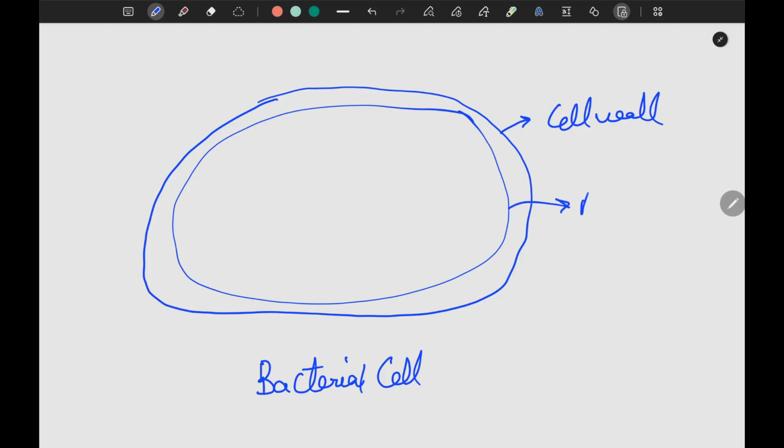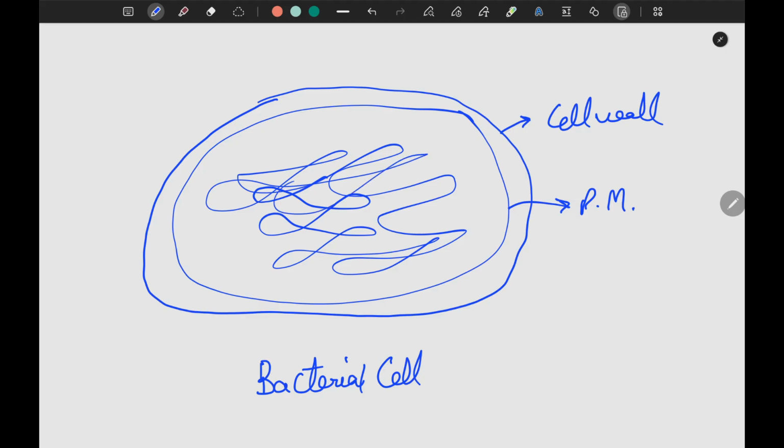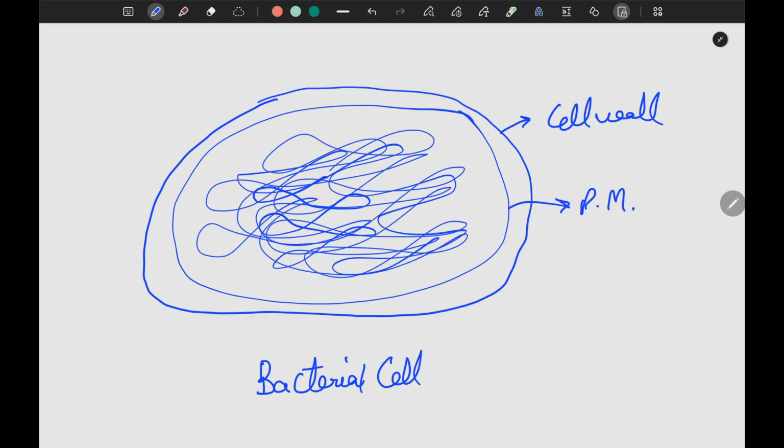The inward layer, we can call it the plasma membrane, or PM. Then there is one circular DNA inside. We can call it the bacterial chromosome.